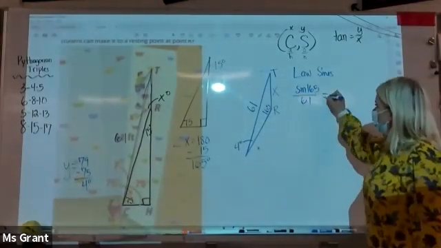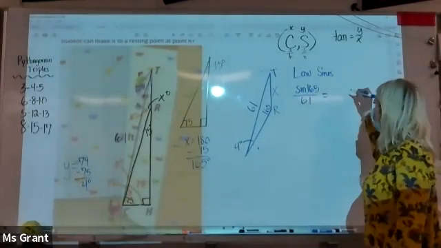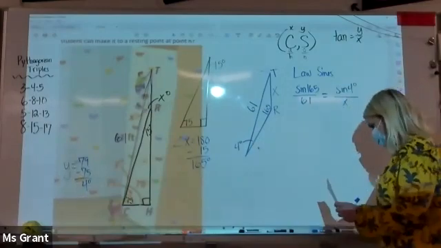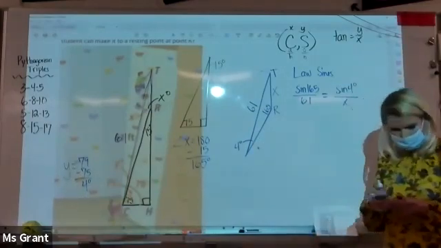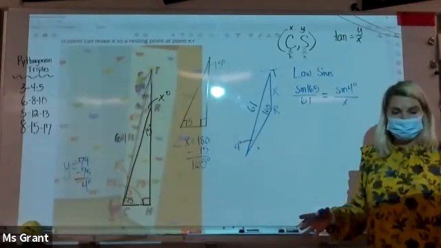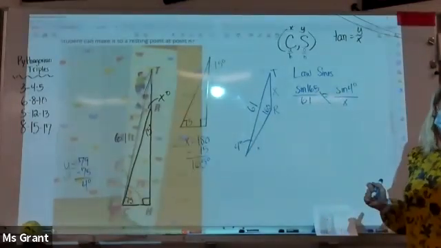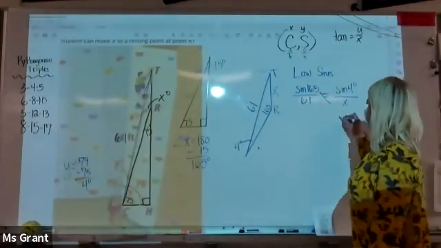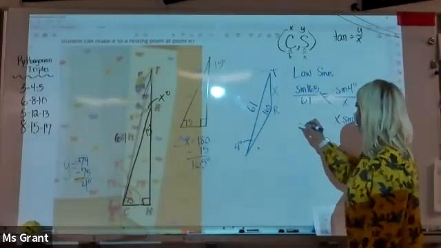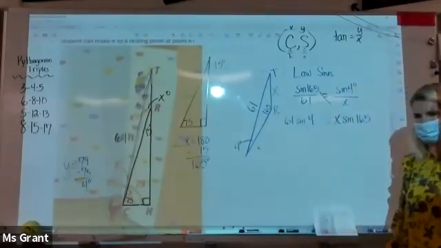And another angle, this small teeny sliver of an angle, and its opposite side. We've practiced this, we can do this successfully. Cross multiply. X times the sine of 165 equals 61 times the sine of 4 degrees.